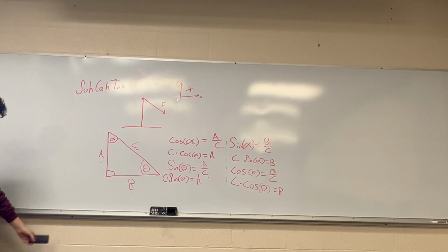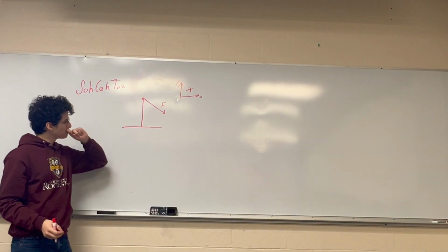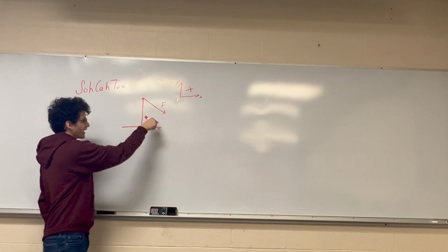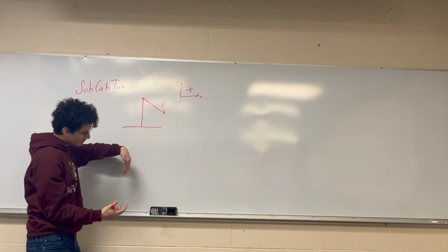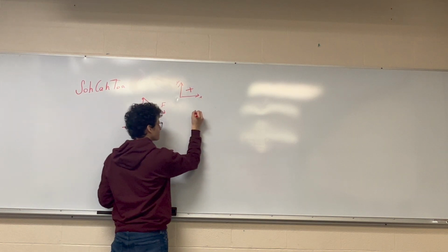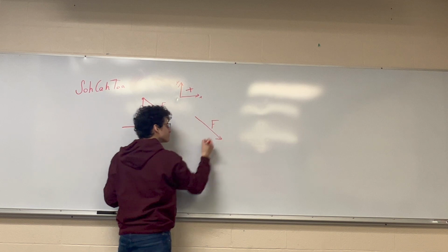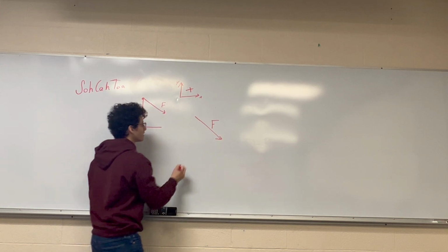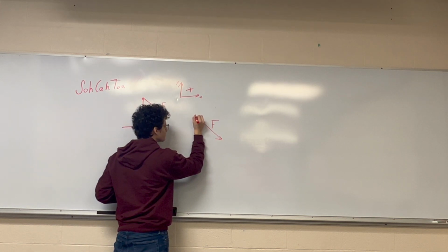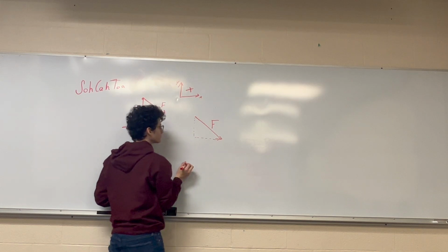And why are we learning this? Because this can be done exactly to F. So F is acting diagonally, meaning it's going down and it's going to the right. So let's draw F again, separated from everything else. And let's draw the y component and the x component.